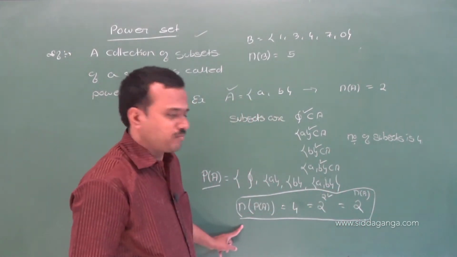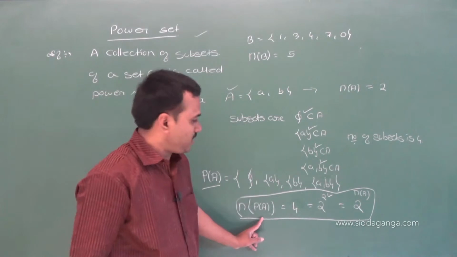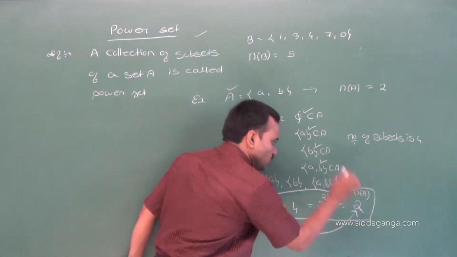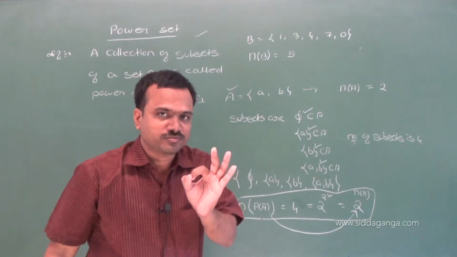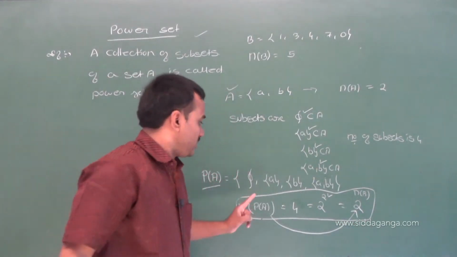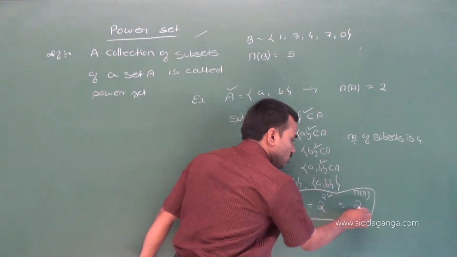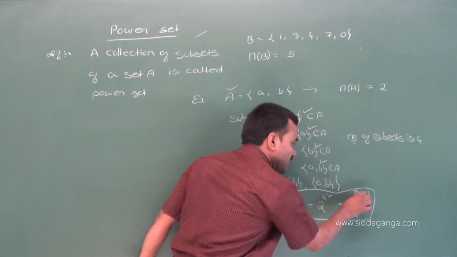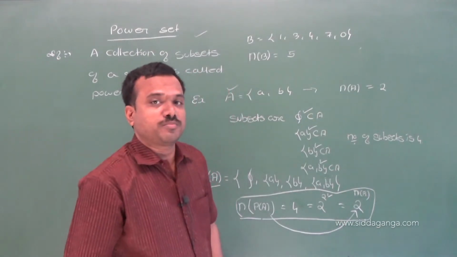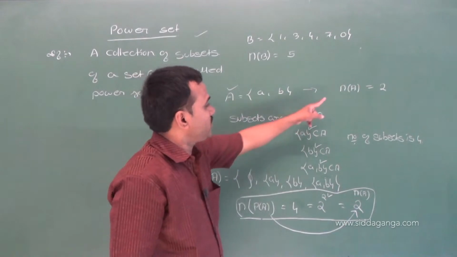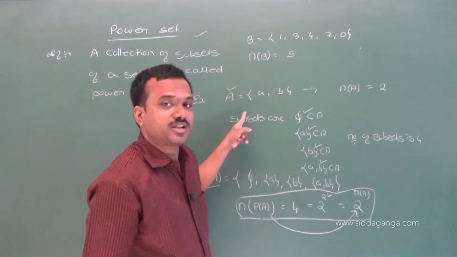Number of elements in P of A is always equal to 2 to the power n of A. n of A is what? n of A is number of elements in set A.